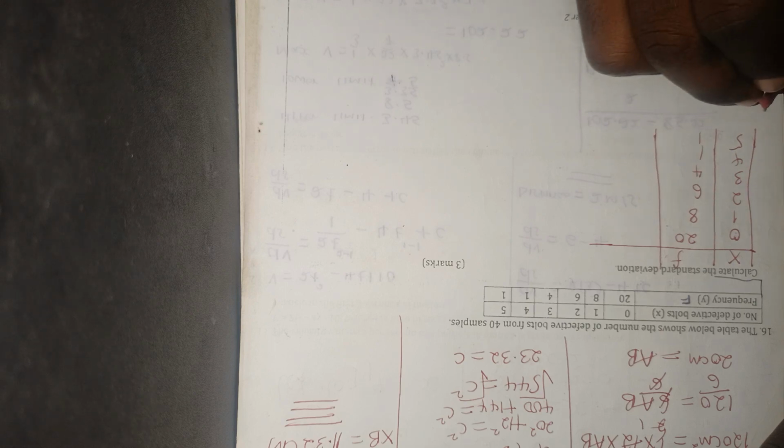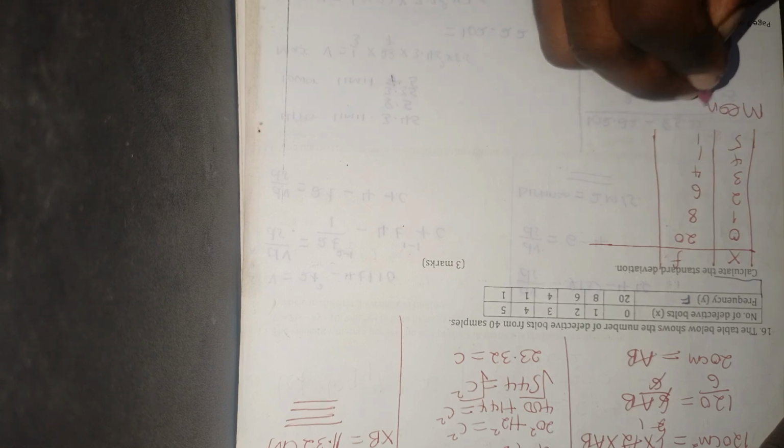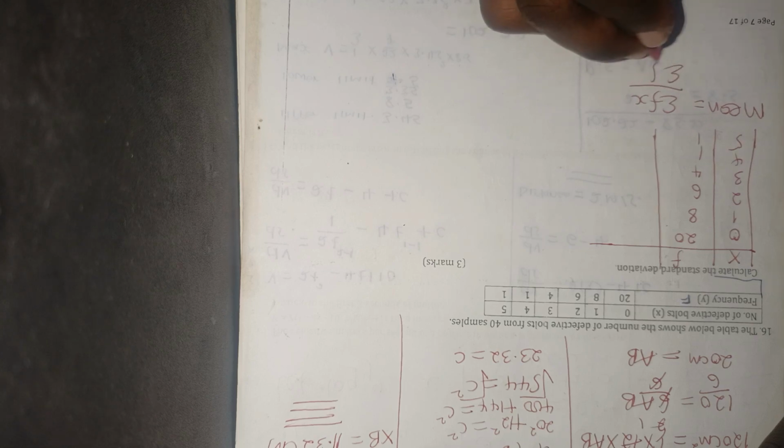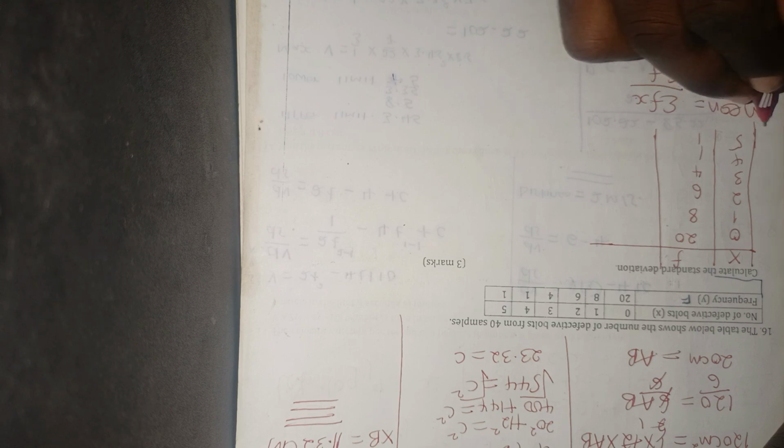Now we want to get the mean. How do you get the mean? So first you'll say mean is equal to Σfx over Σf. The summation of frequency times the values of x divided by the summation of frequency. I can put this line here so that I can get Σf, the summation of frequency.